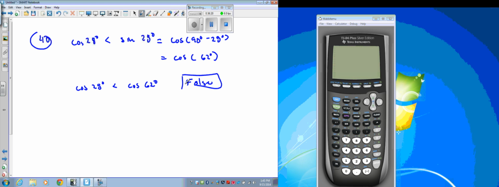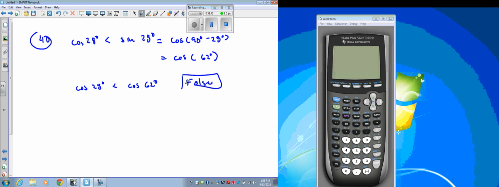And if you notice, all of those problems beyond 37 and 38 you can figure out by using the cofunctions, right? Just by substituting, you know, 42 says cotangent of 30 is less than tangent of 40.